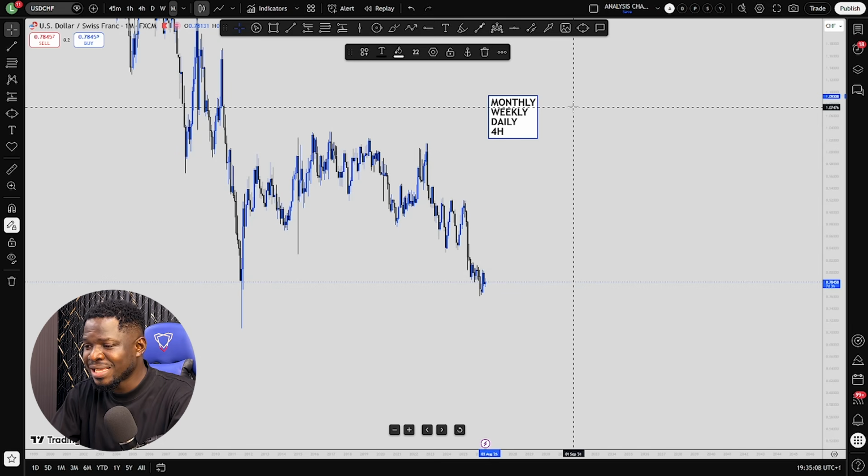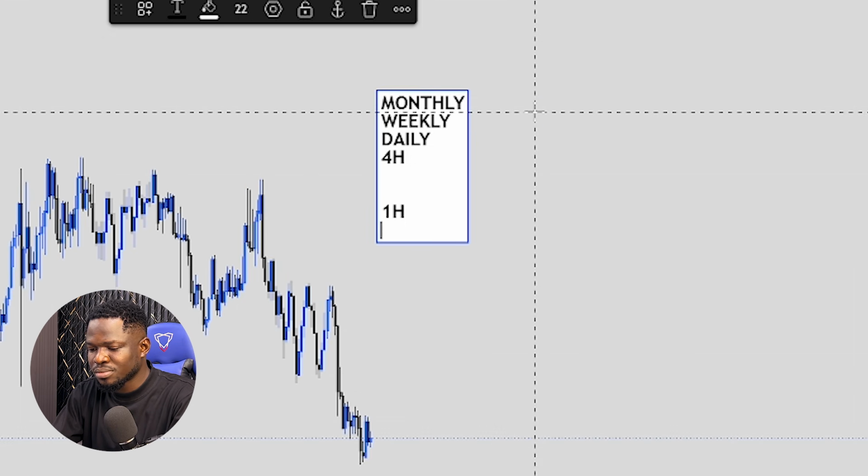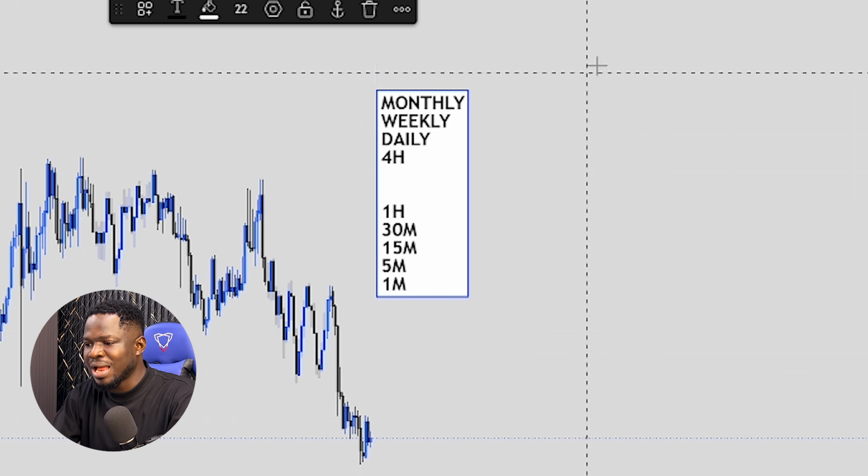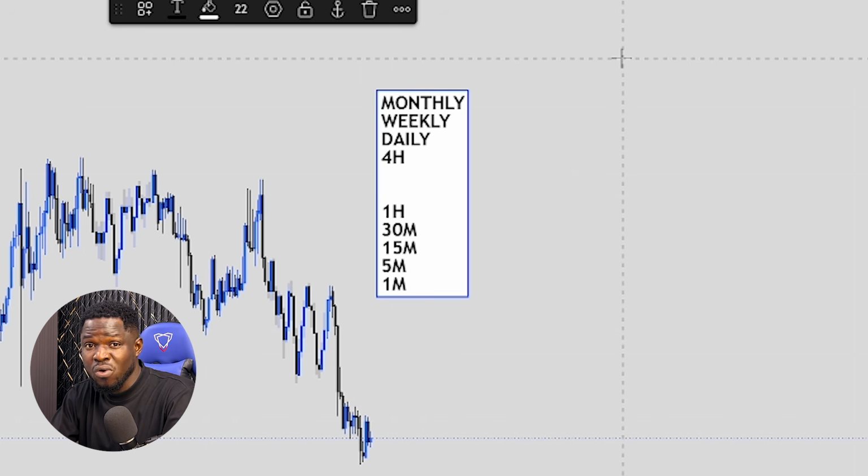These 4 major time frames are very solid and valid for top-down market analysis. Then the following time frames, like 1 hour, 30-minute, 15-minute, 5-minute, then 1-minute, are time frames good for sniper entries on the lower time frame.